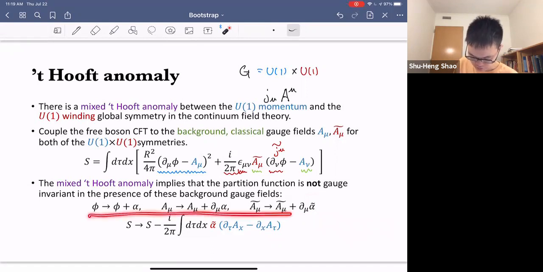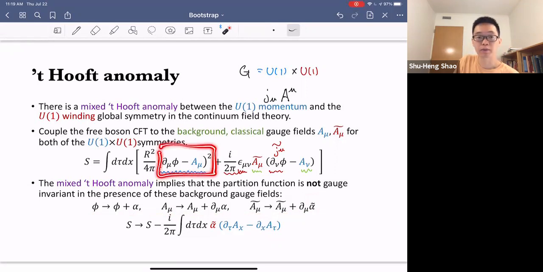Okay, so let's do this gauge transformation. The first term is obviously invariant under the U1 cross U1 gauge transformation, so we don't get anything from this term. This piece is also gauge invariant. The interesting part is that when we do the gauge transformation of A tilde, we have two terms.